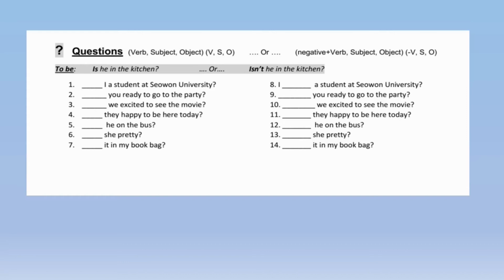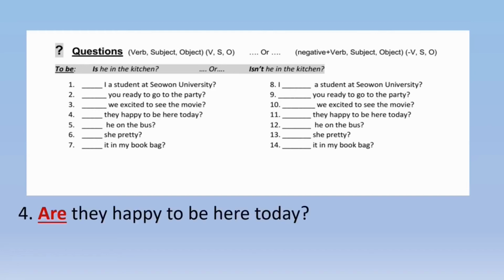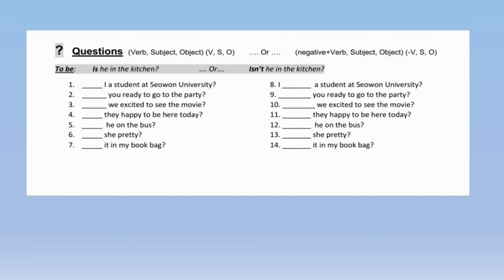Number 4. Momo, they happy to be here today? Are they happy to be here today? Number 5. Momo, he on the bus? Is he on the bus?